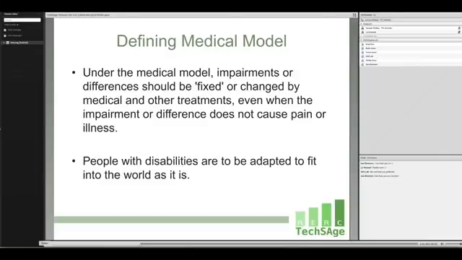It's the idea that this person truly has something wrong with them, and we should apply those treatments and other ways to fix them. And then people with disabilities are to be adapted to fit into the world as it is. That's definitely another idea that fits under the medical model.